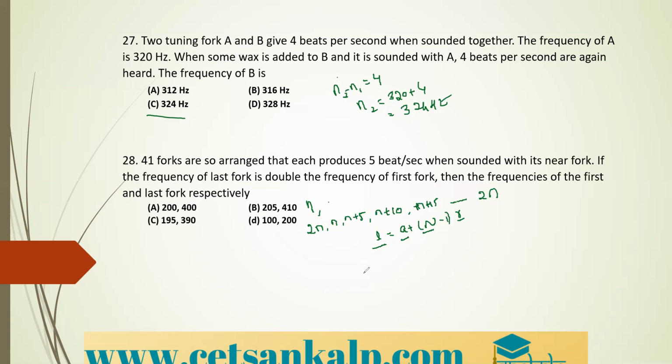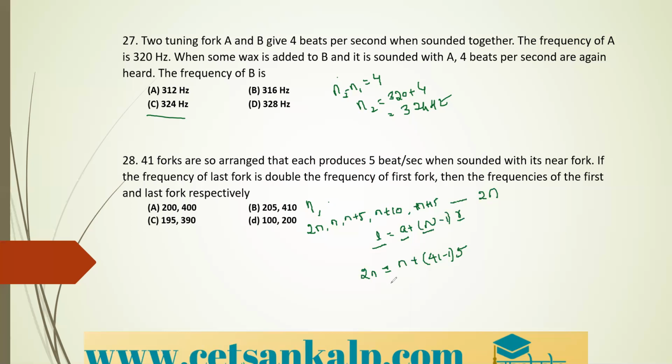Now we can substitute directly. The last term is 2n, which is equal to the first term n plus the number of terms, 41, minus 1, into R, the common difference. It is producing 5 beats per second, therefore the common difference is 5 here.